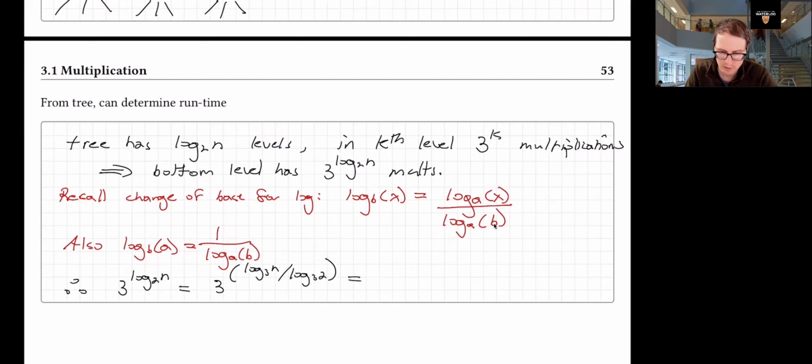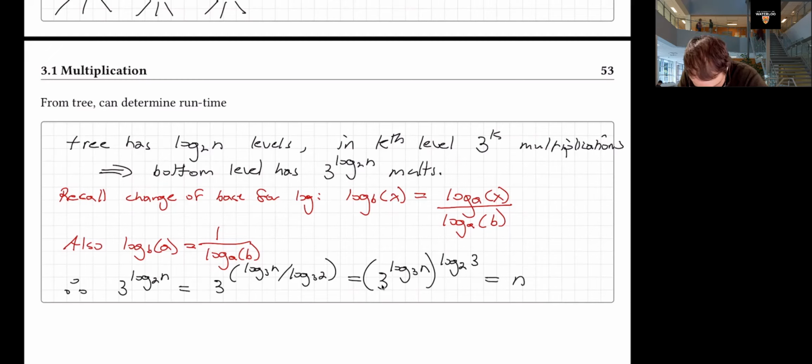Which equals 3 to the power of log base 3 of n, all to the power of log base 2 of 3. I used this second rule to bring log base 3 of 2 into the numerator, and then it becomes log base 2 of 3. And I've just now grouped these two things. So this first thing is n to the power of log base 2 of 3. And this is n to the power of 1.59.